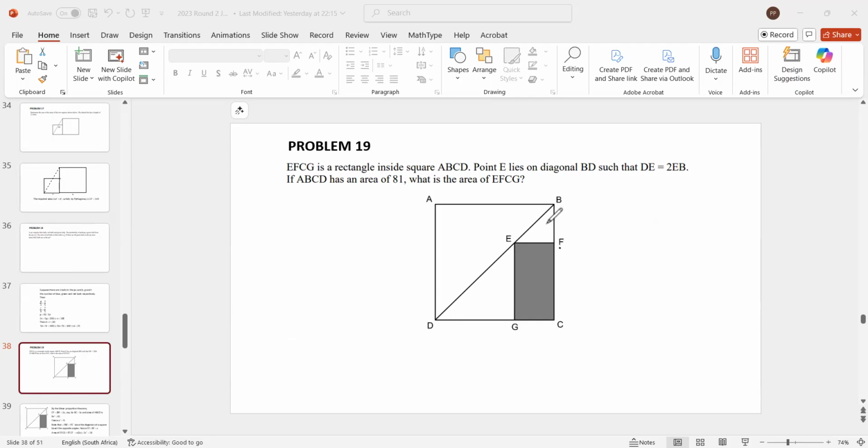We can conclude something if you look at the small triangle, the BEF, and you look at this other bigger triangle, the large one, BDC.